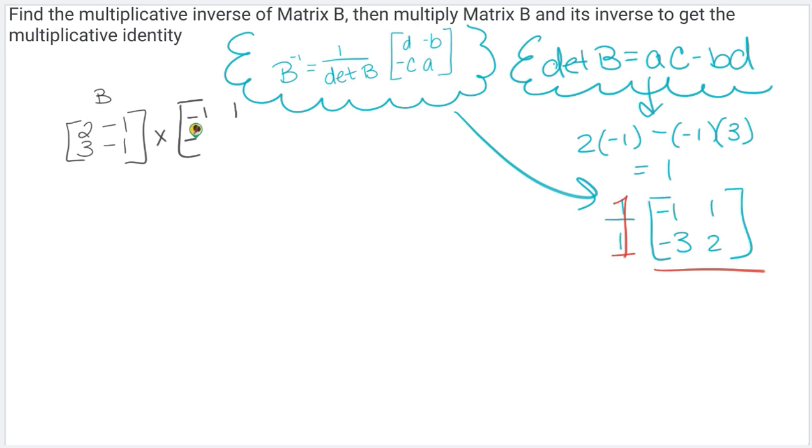And just as a reminder, our multiplicative identity is this matrix 1, 0, 0, 1. So that's ultimately what we are looking to achieve once we do this multiplication.